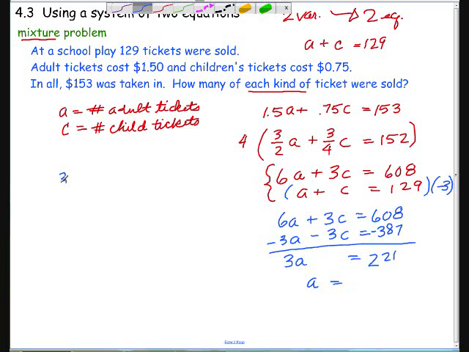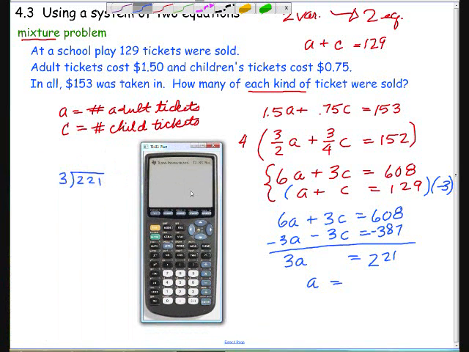Will 3 go evenly into 221? I don't think so. Something's wrong. I better pull my calculator over. Make sure I haven't made an arithmetic error. First of all, this would be 3/2, and this would be 3/4.